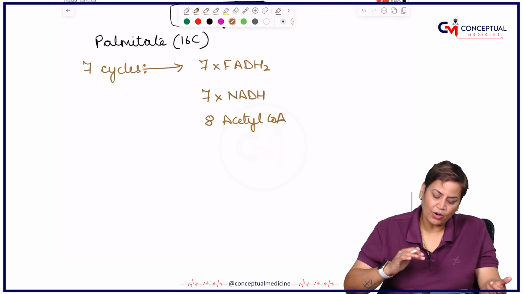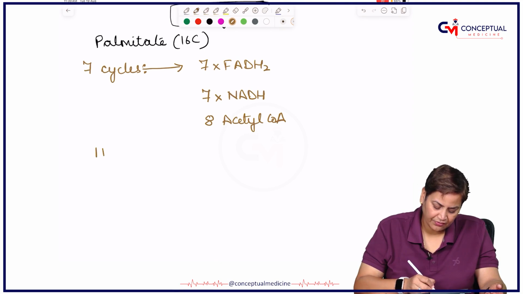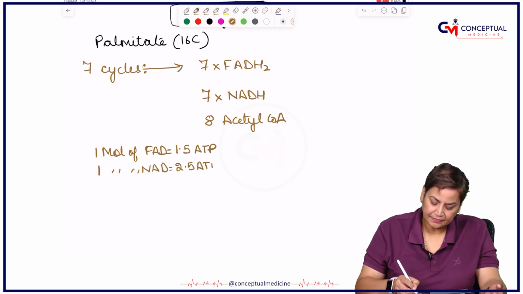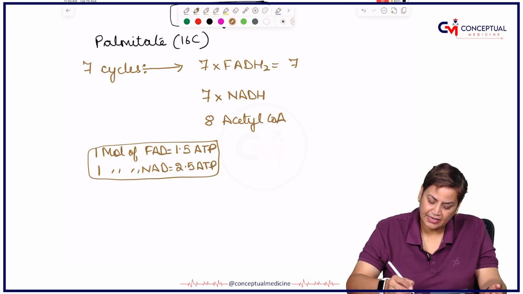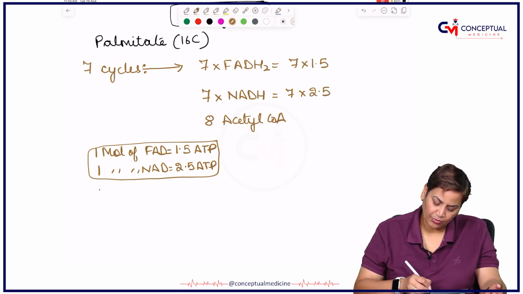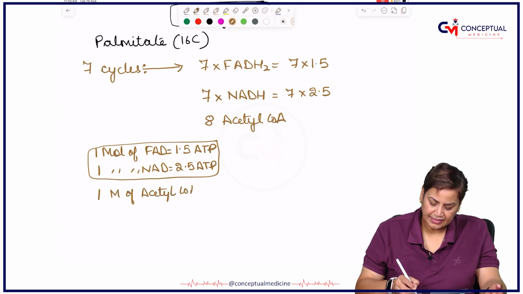Okay. Now if we talk about the oxidation, we know that one molecule of FADH₂ gives 1.5 ATP. One molecule of NADH gives 2.5 ATP. So what will happen is 7 into 1.5, 7 into 2.5, right. And if we talk about acetyl coenzyme A, one molecule of acetyl coenzyme A gives 10 ATP via TCA.